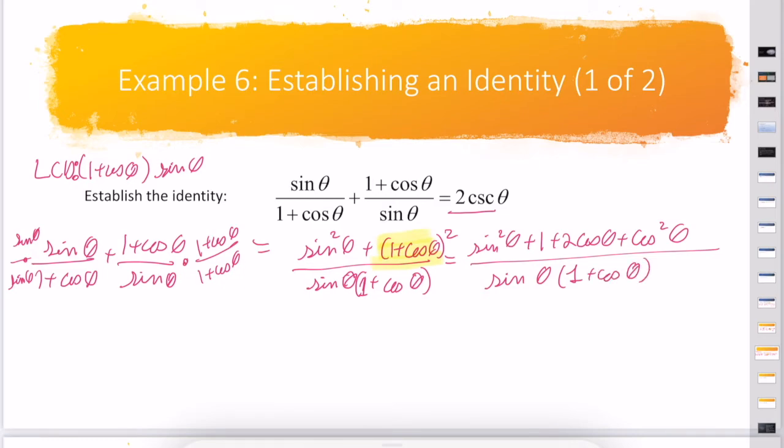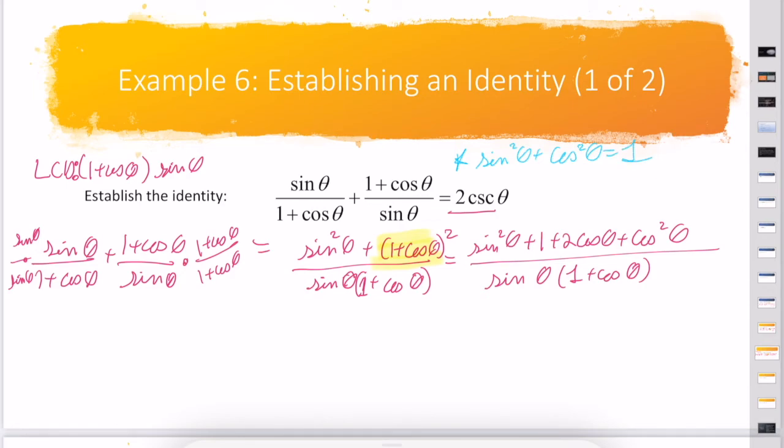Now, I'd like to combine like terms in my numerator, but I don't see any I can combine. So let's think about something else. Let's think about the fact that sine squared theta plus cosine squared theta equals 1. That's one of our Pythagorean identities.